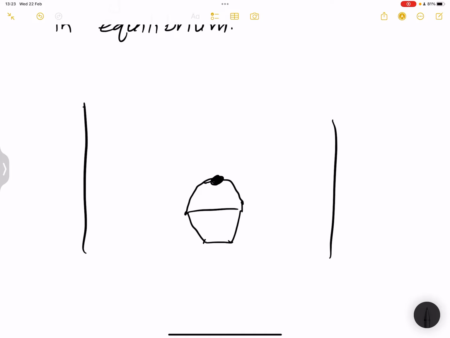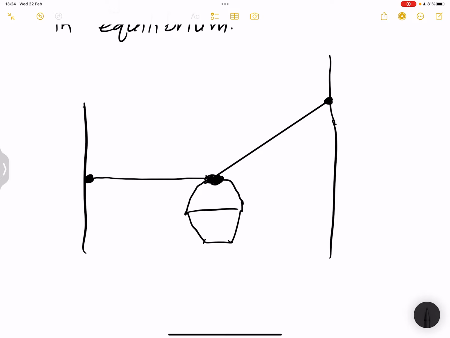We are going to fasten this to the one side of a wall, and the other side is going to be attached to the other side of this wall.